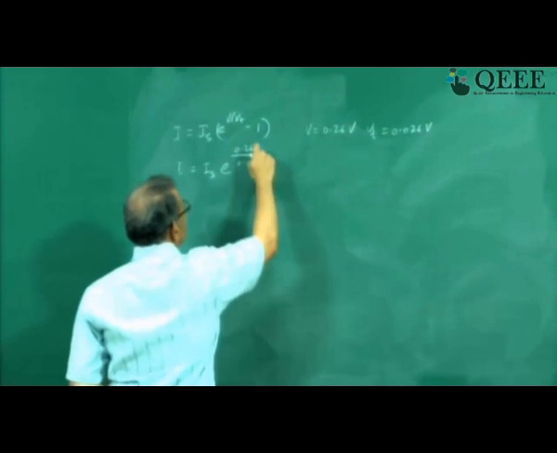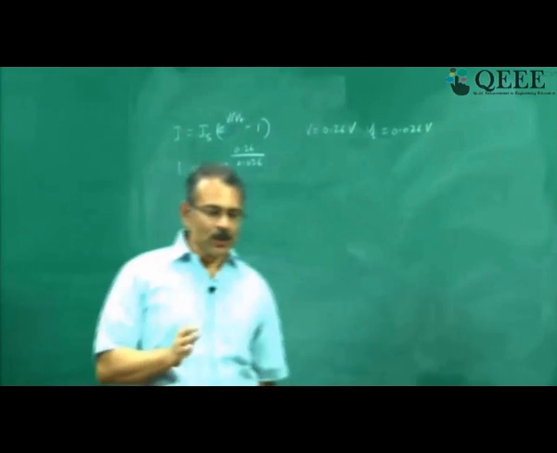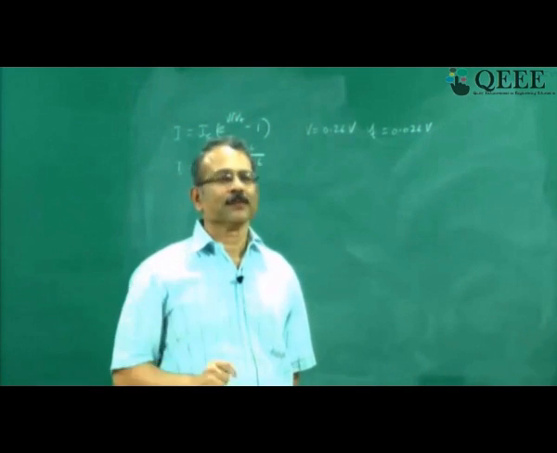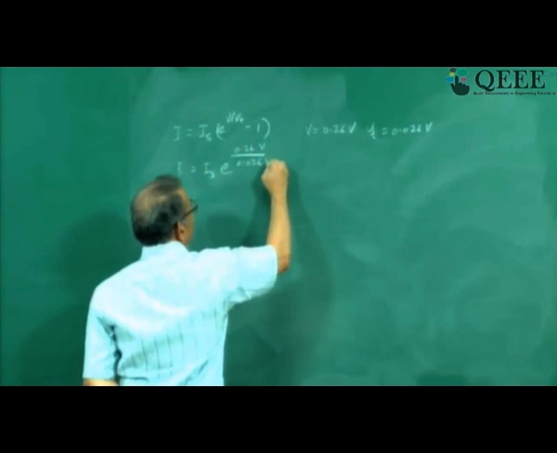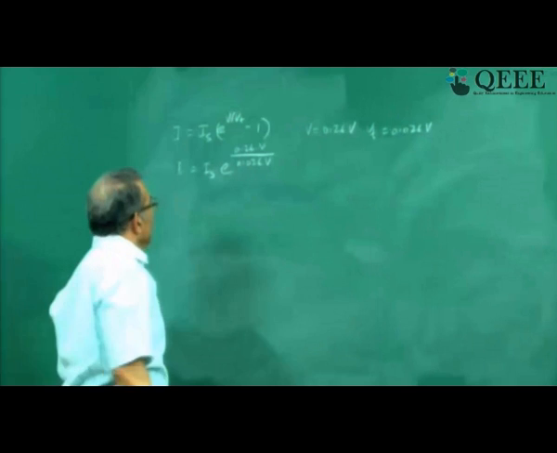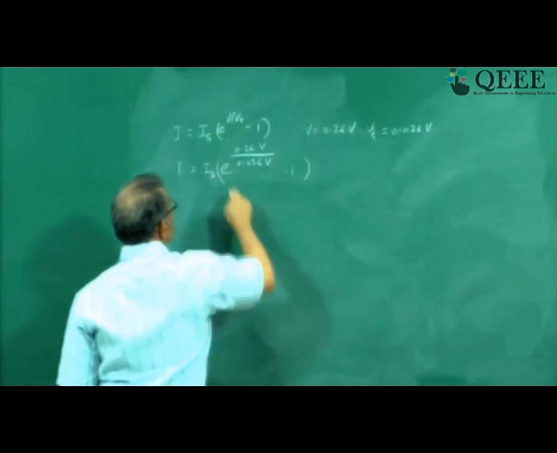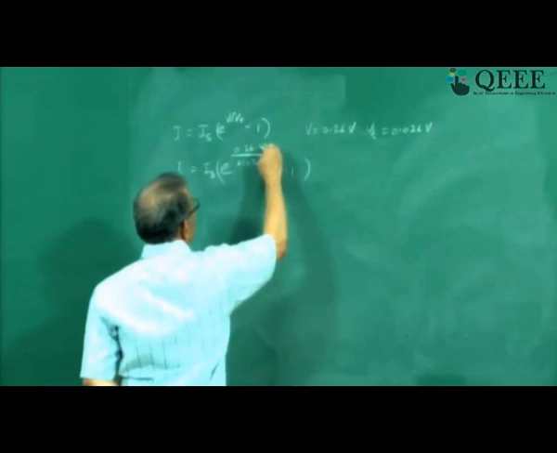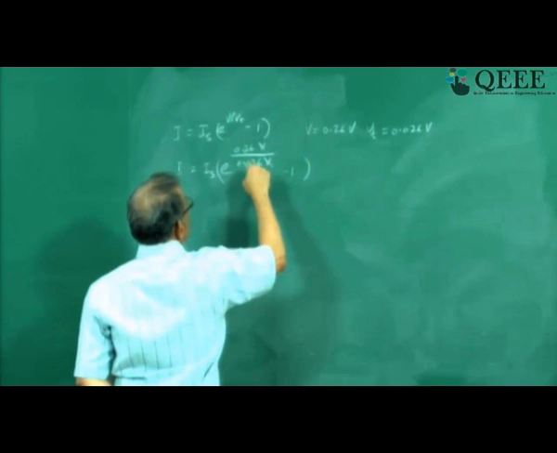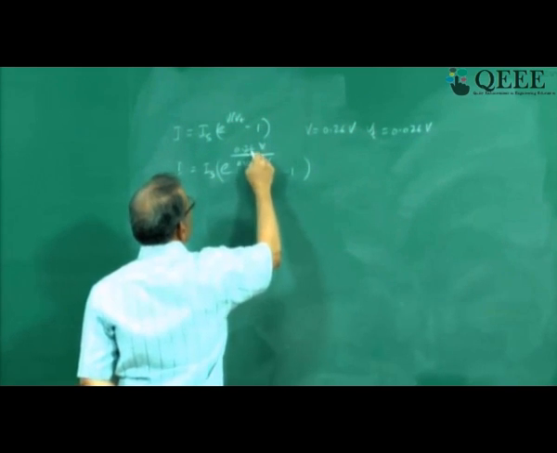So since numerator and denominator are the same units, I am not putting the units. Now please note, students always forget to put units, okay. So it is not a good idea. It is always good to put units there and then cancel them. I will now show you how this becomes important for other calculations. So 0.26 by 0.026. So this will be 26 by 0.026. So this will be 10.